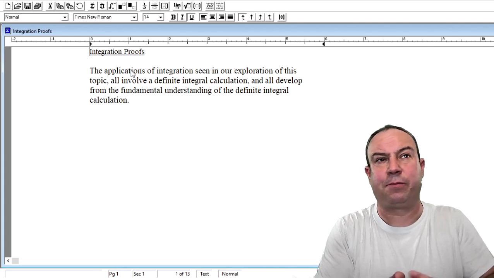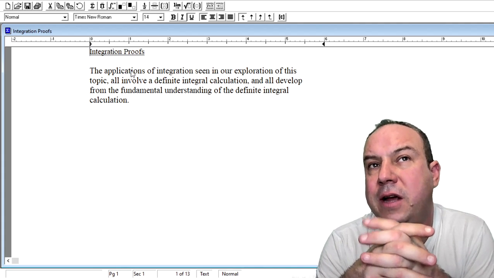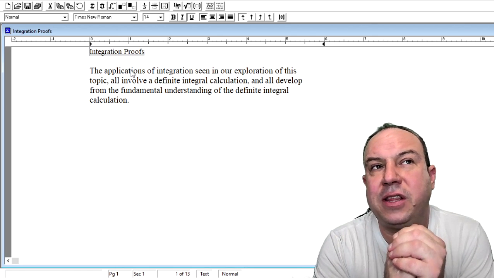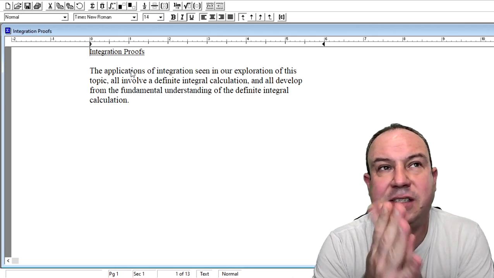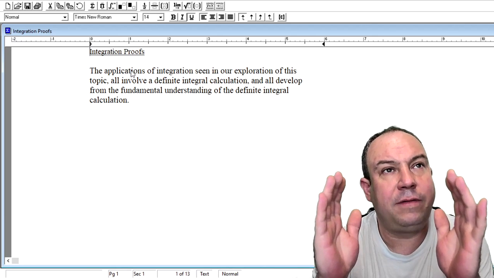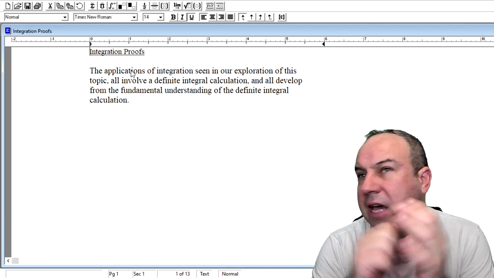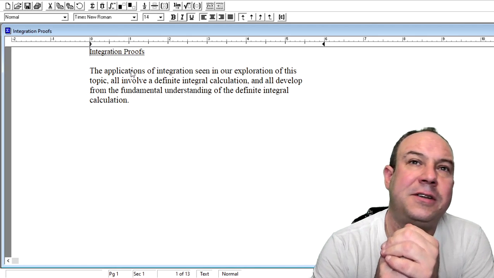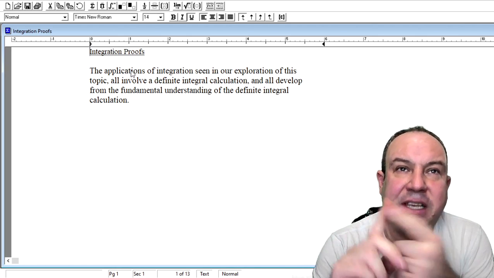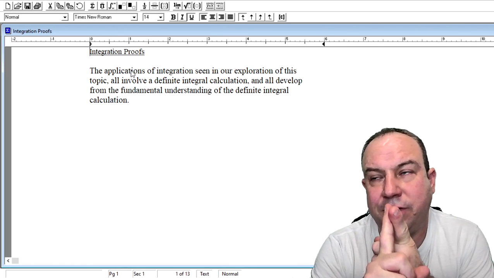Let's look at these integration proofs. The applications of integration seen in our exploration of this topic all involve a definite integral calculation, and all develop from our fundamental understanding of the definite integral calculation, folks.